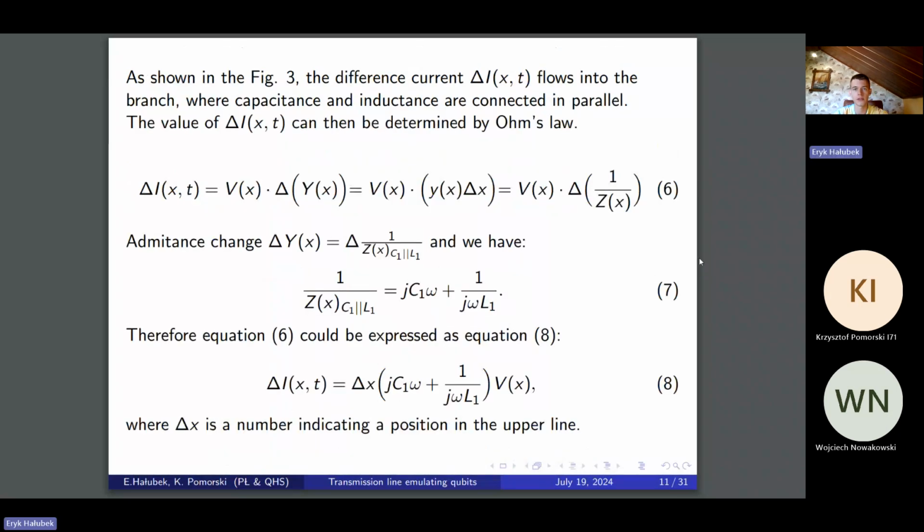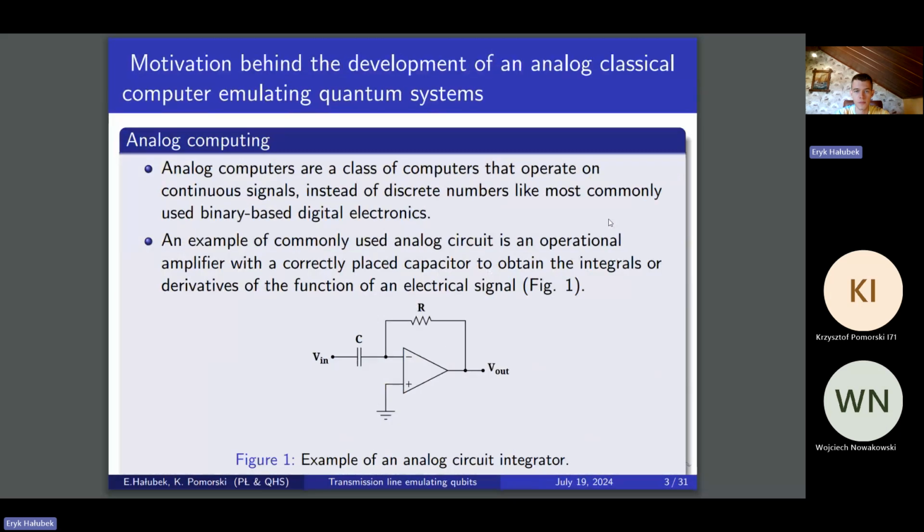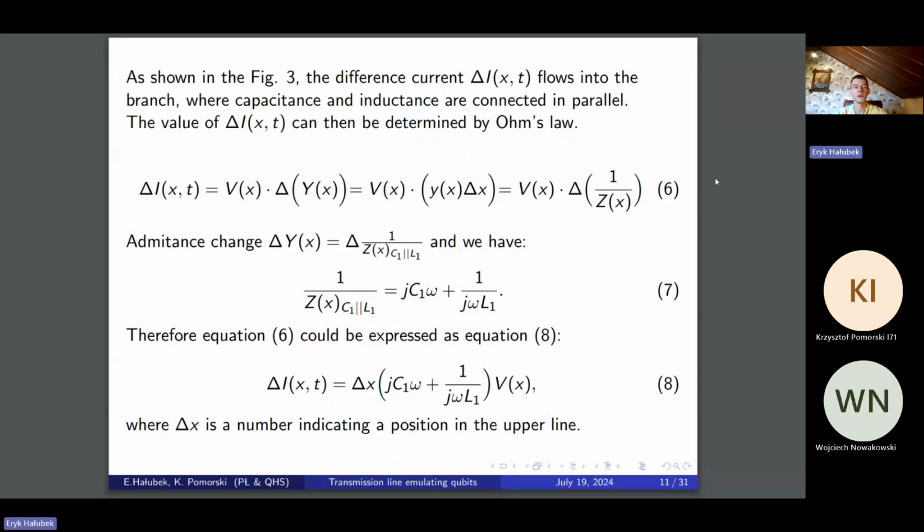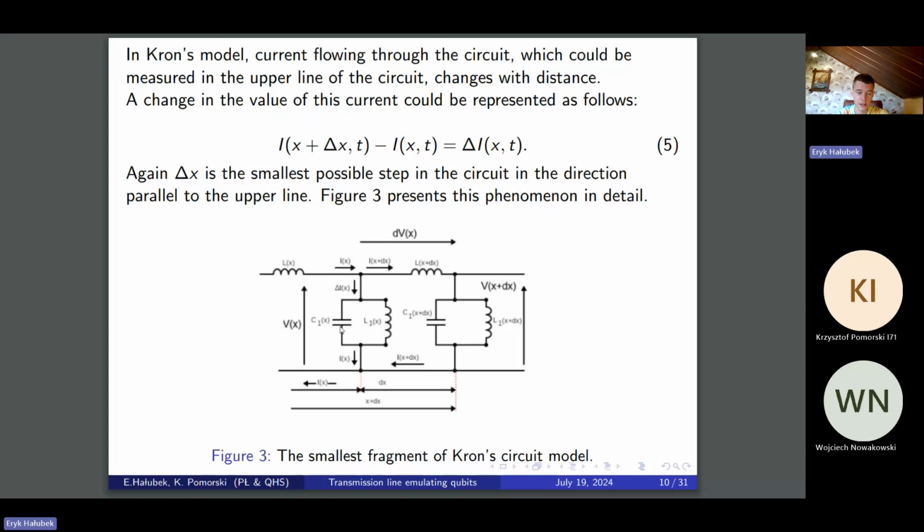And now using that we have some other equations. So the value of the delta I of x current could be determined by Ohm's law. Here we can see that there is a capacitor and an inductor.